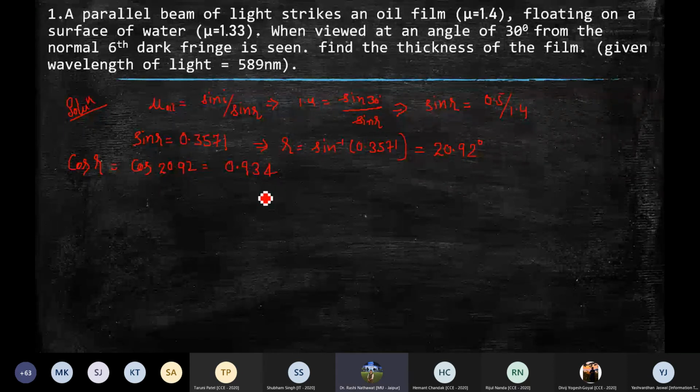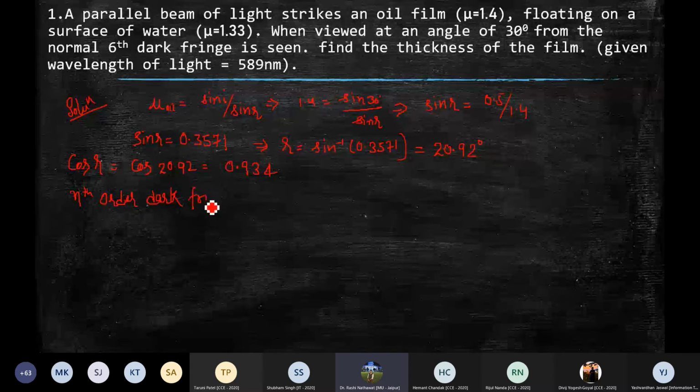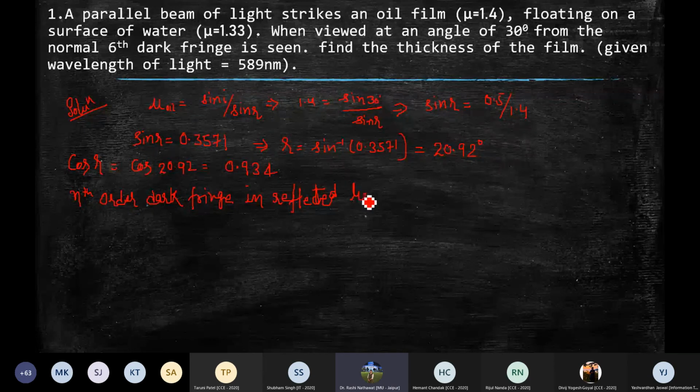Fine. So for the nth order dark fringe in reflected light, which is given as the sixth order, it is a dark fringe in reflected light.